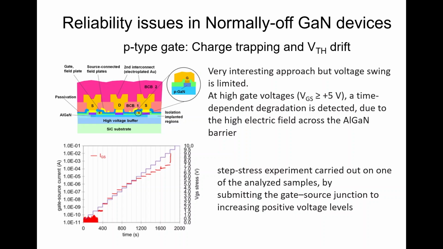They did some step stress on some devices, and what they found is it's pretty reliable. But if you go to large gate voltage swing, let's say above 5 volts, probably 7 volts plus, you find some time-dependent degradation. So there's a limit to the voltage swing, so it's not super large, but people probably live with that and keep improving this feature.